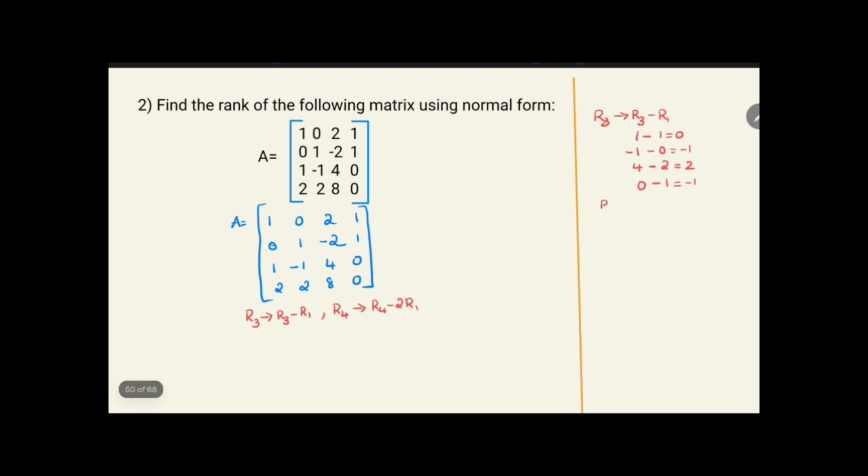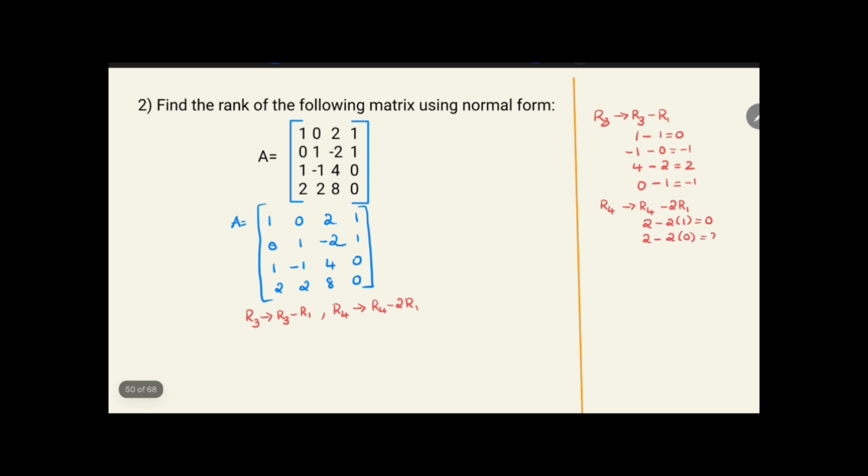Now coming to the next operation, that is R4 implies R4 minus 2R1. Okay, now what is the first element of fourth row? It is 2 minus 2 into first element of R1, which is 1. So 2 minus 2 is 0. And what is the second element of R4? 2 minus 2 into second element of R1, which is 0.